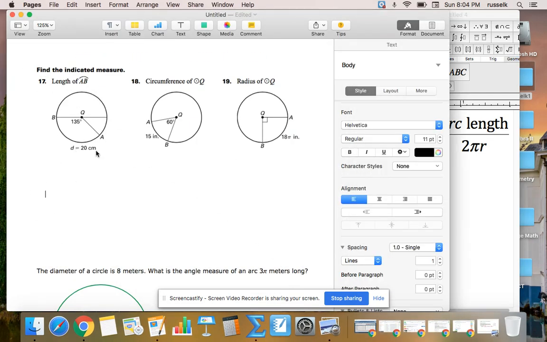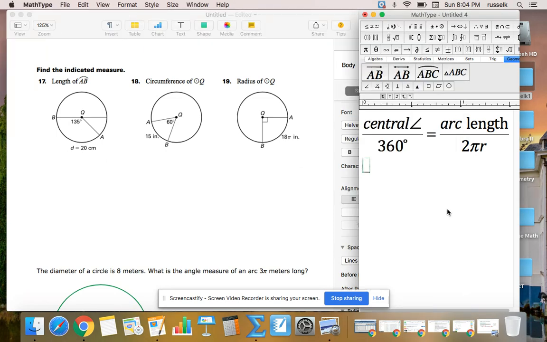In number 17, they want us to find the arc length of AB, so how far it is from point A to point B on that circumference. They give us the central angle, 135 degrees, and they give us a diameter of 20. So filling into our formula, I always start with the central angle if I know it. That's 135 over 360.